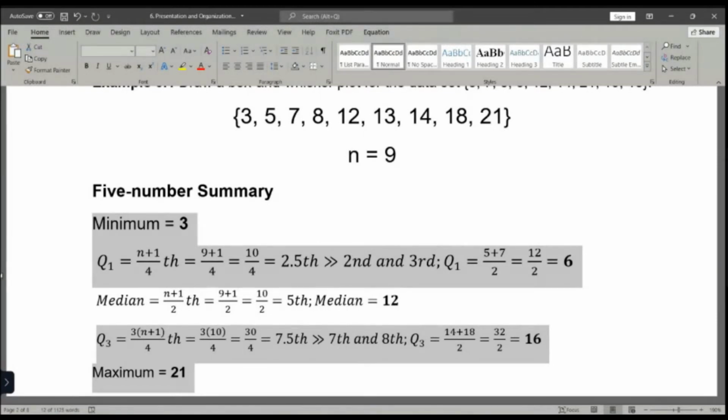Left po, sir. Let me ask again, no? Observe nyo yung mga information na to, or specifically the difference between the first quartile and the minimum, and the maximum with the third quartile.